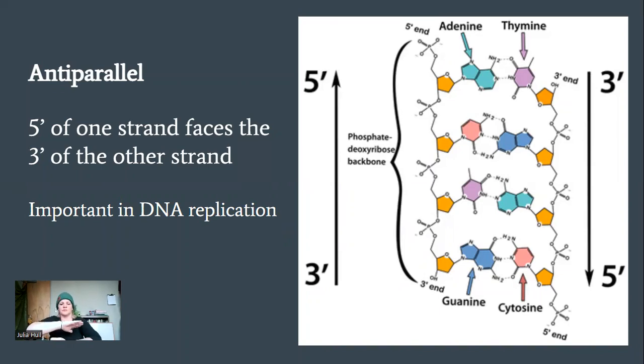This is important when we start talking about DNA replication, because what we'll find is that because they're anti-parallel, there's all these weird little things that happen with the guy going the wrong way. We'll get into that later on when we talk about DNA replication, but also know that they're anti-parallel. So they're kind of pointing in opposite directions.